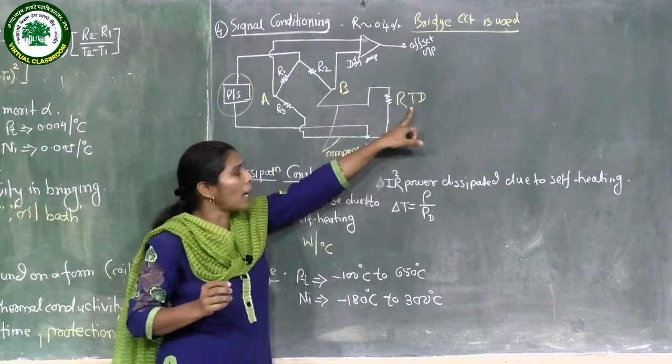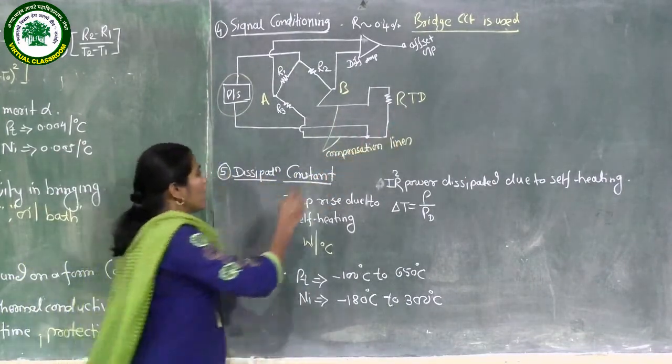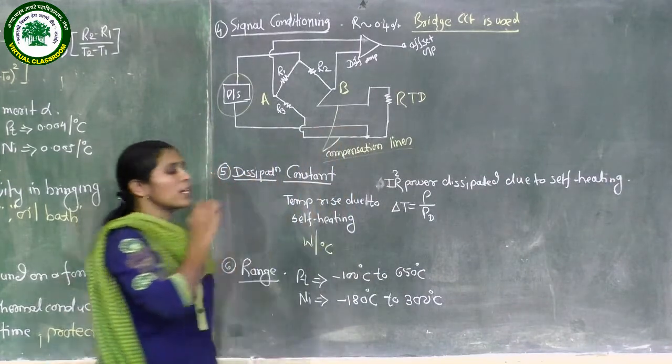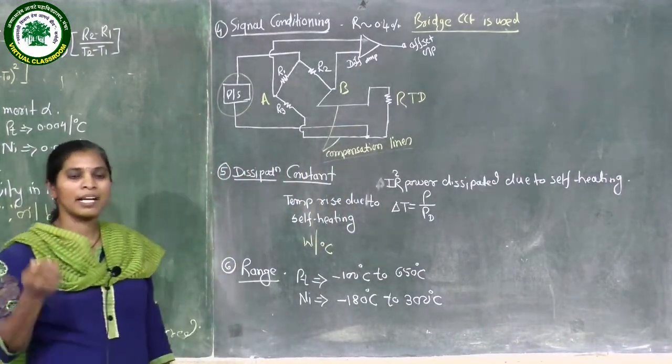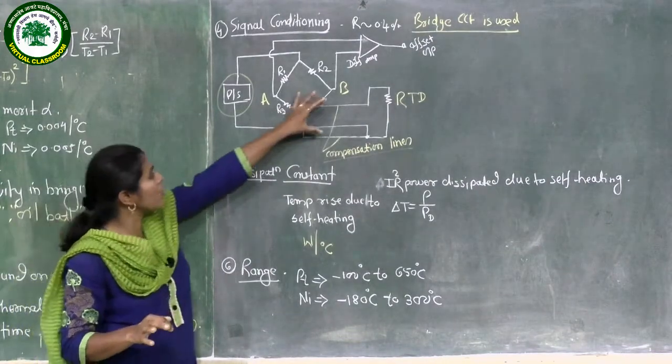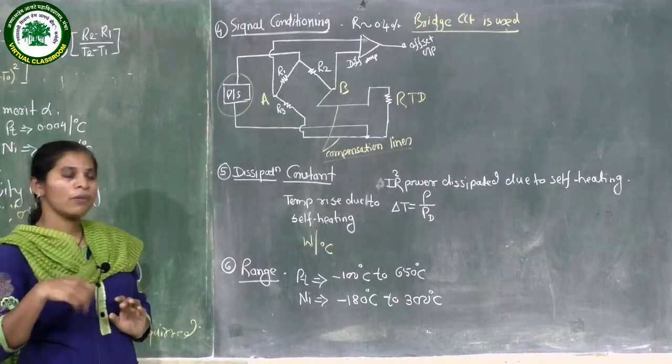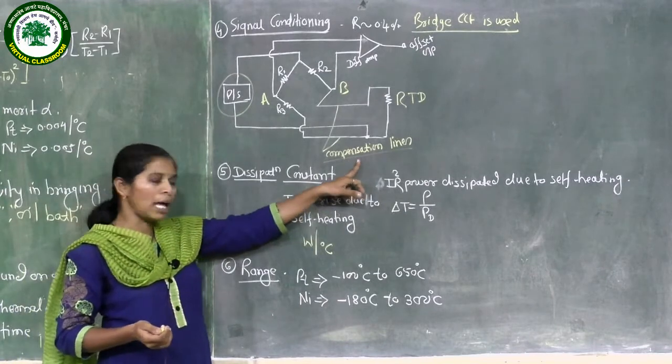This RTD is used, and we have written that there are compensation lines. Compensation lines means extra lead wires that we have used for the measurement of unknown temperature. Why we have used those compensation lines, let us see.